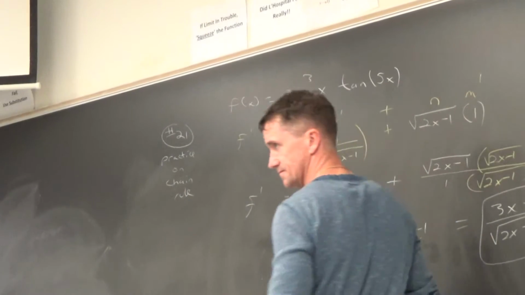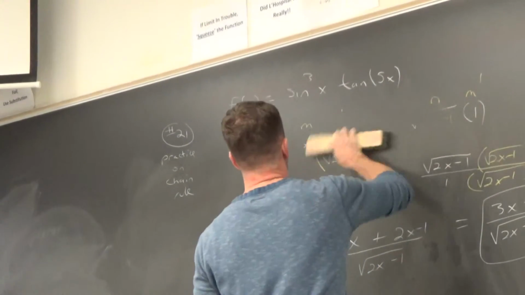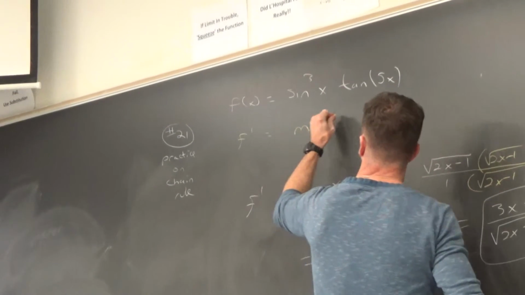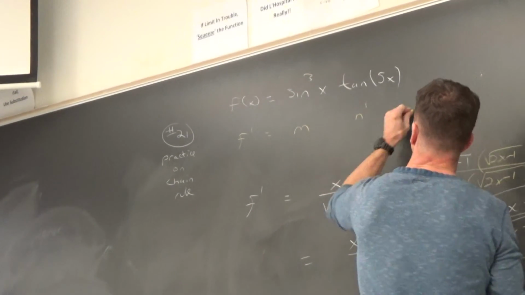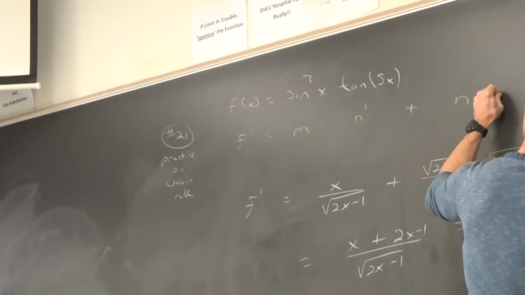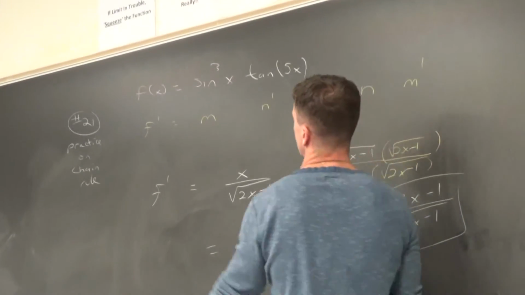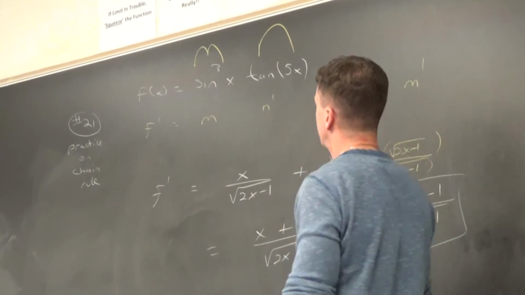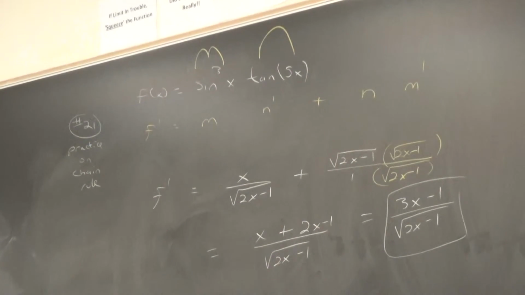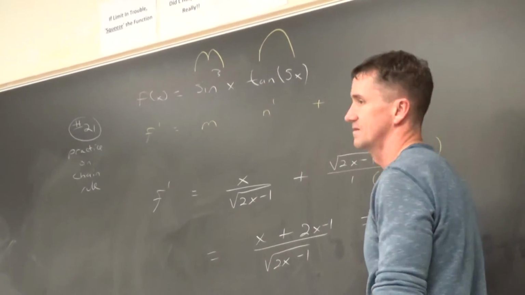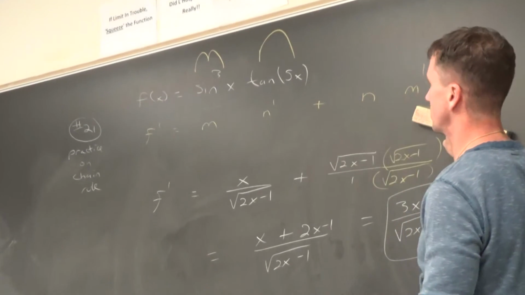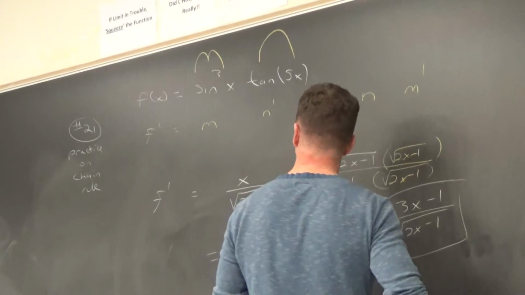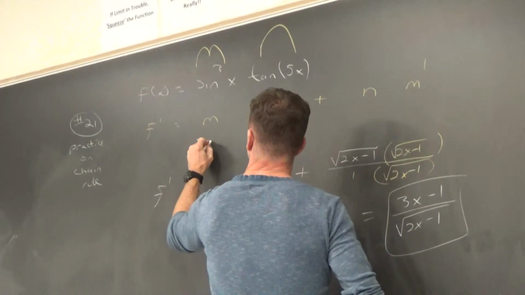Let's do product rule. So I'll leave this up to here. m times n prime plus n times m prime. Your m, your n. This time I think 2 are real easy. What goes right here? Sine cubed x.